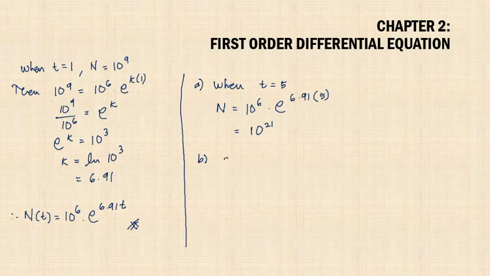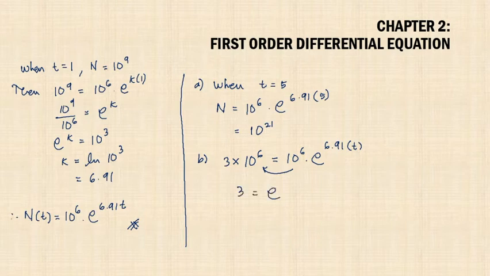So we have 3 times 10 power of 6 equals 10 power of 6 e power of 6.91t. Bringing 10 power of 6 over, we are left with 3 equals e power of 6.91t.